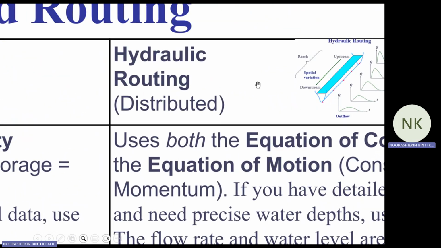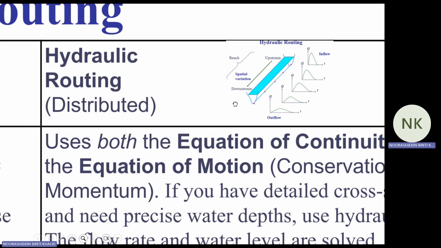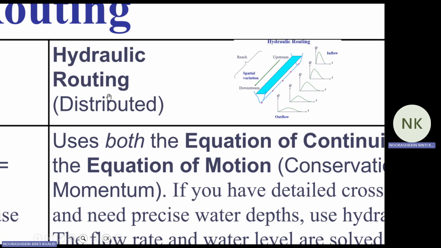But for hydraulic routing, there is a series of inflows and outflows, meaning that you can determine the spatial variation, the value at each point. So this is hydraulic routing, and that is why it's called the distributed model.